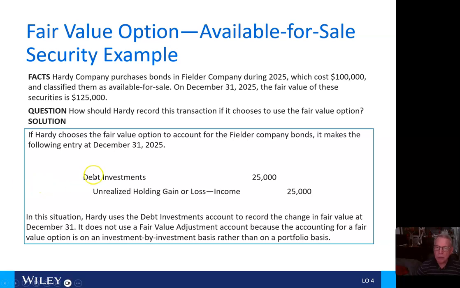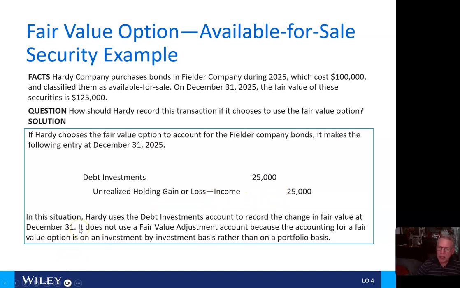If they choose the fair value option, it's going to make the following entry at the end of 2025. Debit to debt investments, $25,000, the difference between $125,000 and $100,000, and a credit to unrealized holding gain or loss, income, for $25,000.